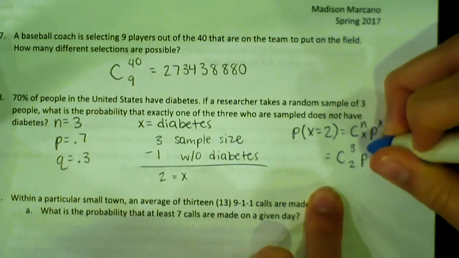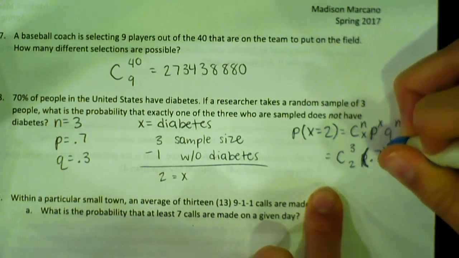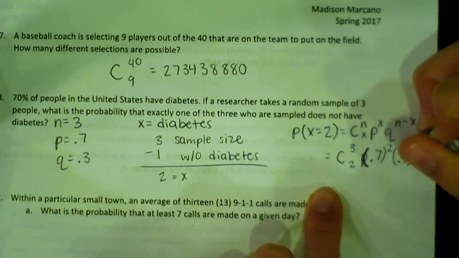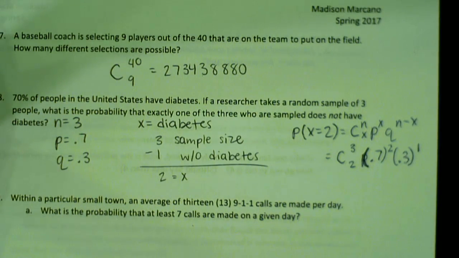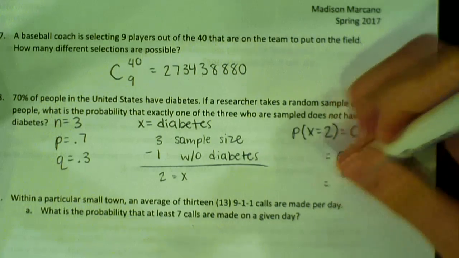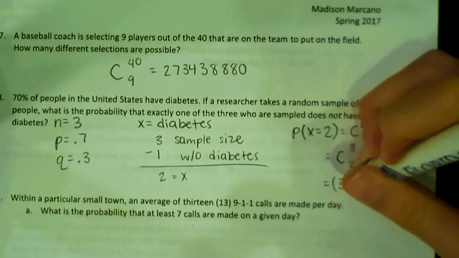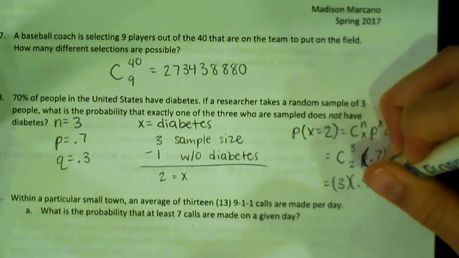And then this would just be 1, right? So combination 3 choose 2. We know that that's just going to be 3, right? And then this would just be 0.49.